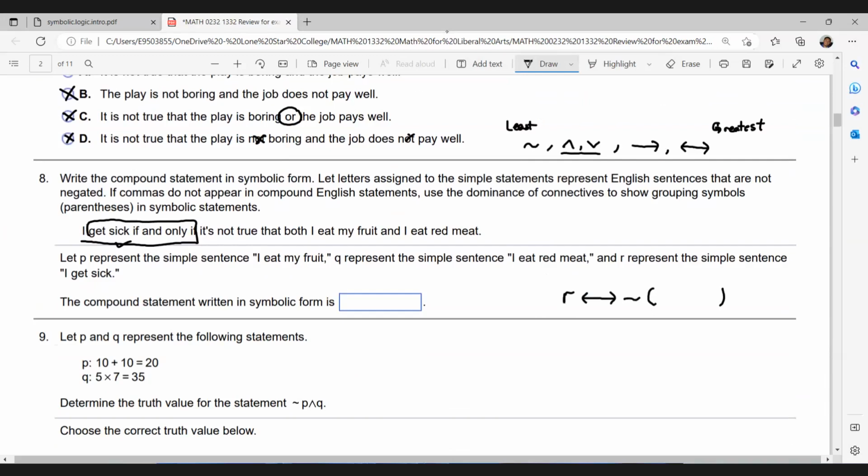That both I eat my fruit, that is P, and I eat red meat, and so therefore that will be Q. Alrighty then, there it is. Okay, so I remember that when I see it is not true that means that is a negation followed by a parenthesis. Okay, in this case we saw the word and, that conjunction, and there's that symbol. Okay, all right, so hopefully that makes a little bit of sense there.